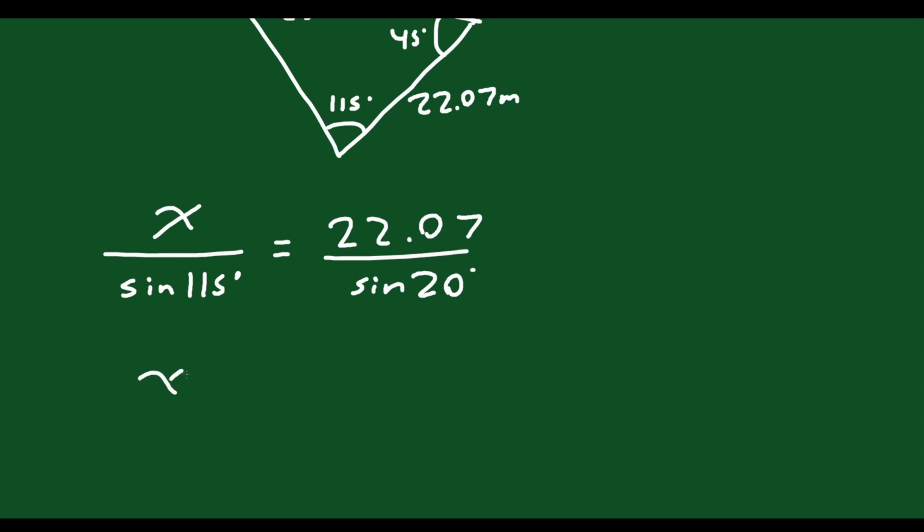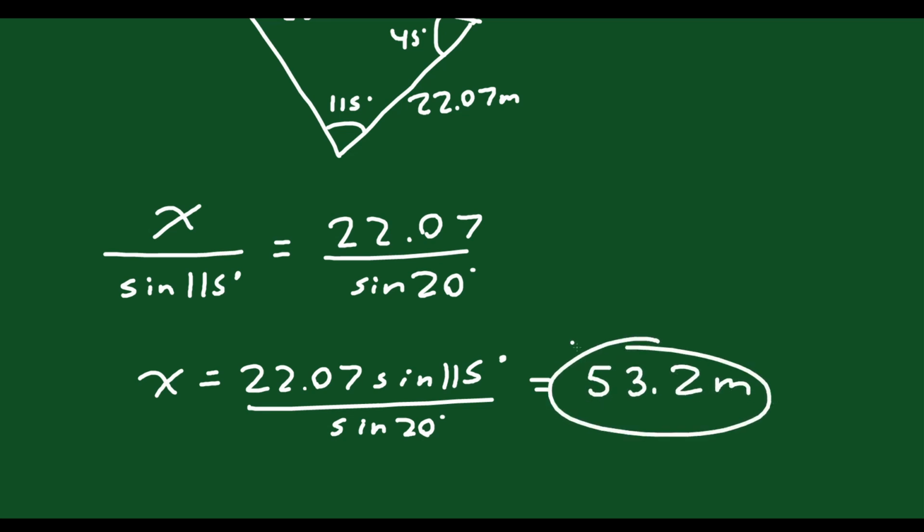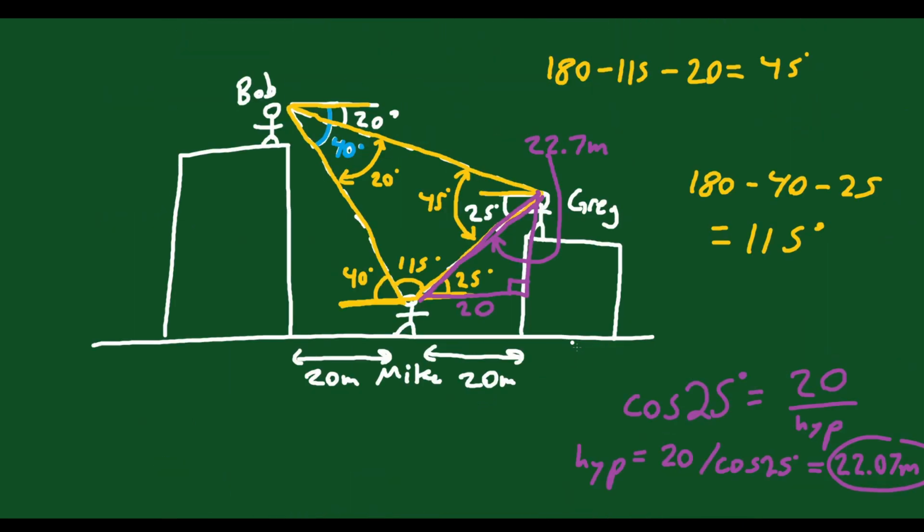So x is equal to 22.07 sine of 115 degrees divided by sine of 20 degrees. Calculate this and you're going to get 53.2 meters. So a straight line between Bob and Greg would be 53.2 meters. That's how long that length would be.